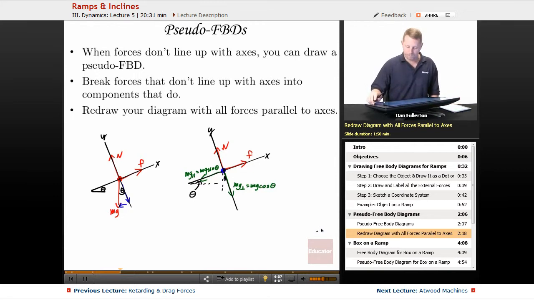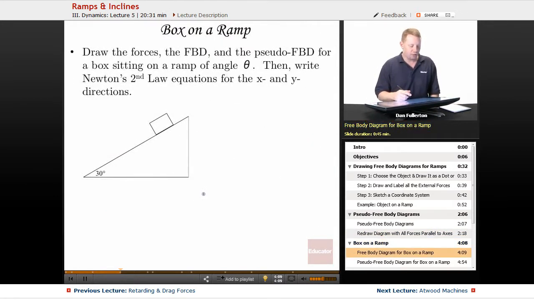All right, so boxes on ramps. Draw the forces, the free body diagram, and the pseudo-free body diagram for a box sitting on a ramp of angle theta. Then write Newton's second law equations for the x and y directions. All right, well, as we take a look here, let's start by drawing the forces on our box itself. Normal force, we'll have a frictional force, and mg.